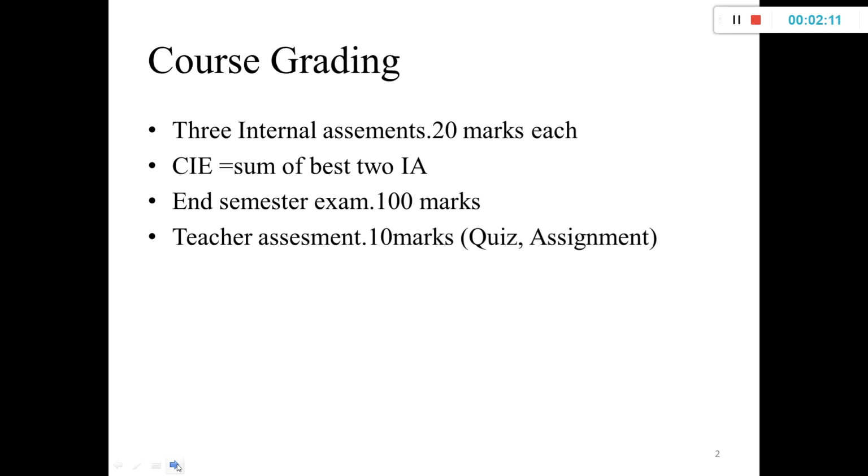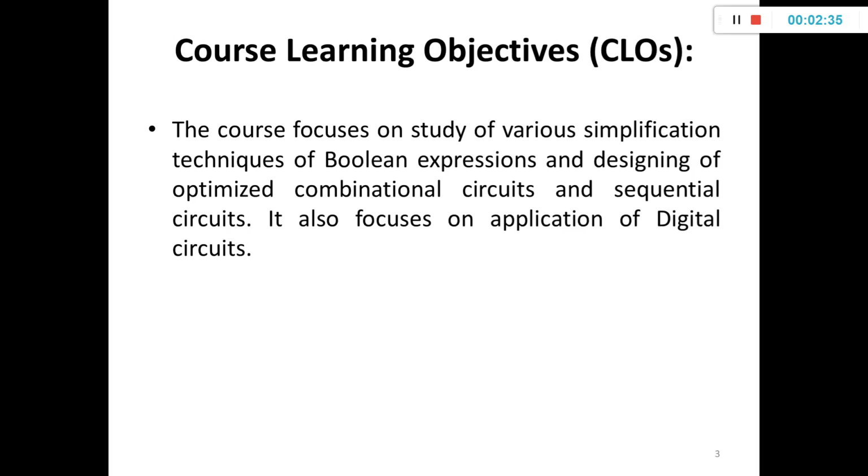And we have the end semester exam, which is for 100 marks. There is also a CTA, course teacher assessment, of 10 marks. It may contain a quiz, assignment, lecture or a PPT, depending on the course instructor. So this is about the course grading of my subject.